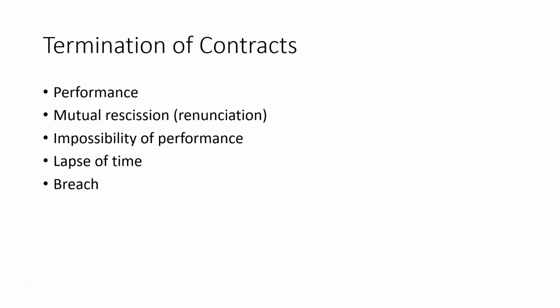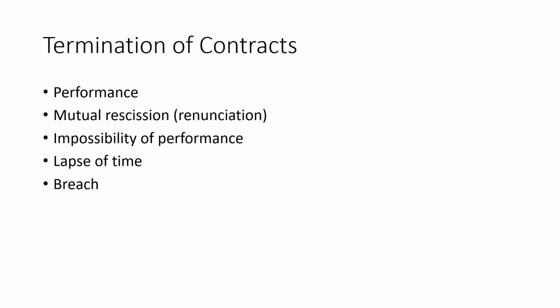When we have a contract, how can we terminate a contract? Well, by performing on both sides, that ceases now to be a contract because it's an executed contract and the deal has been done. Or both parties can mutually agree to rescind the contract. Or impossibility of performance. Supposing the property falls down a sinkhole.